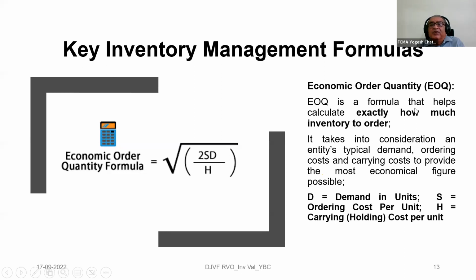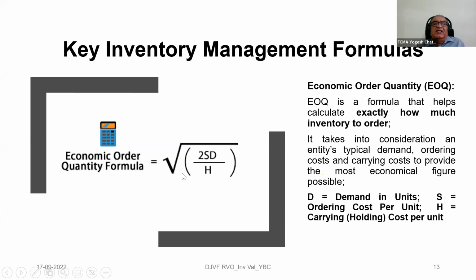Economic order quantity is a formula that helps determine exactly how much inventory to order. It takes into consideration an entity's typical demand, ordering cost, and carrying cost to provide the most economical figure.